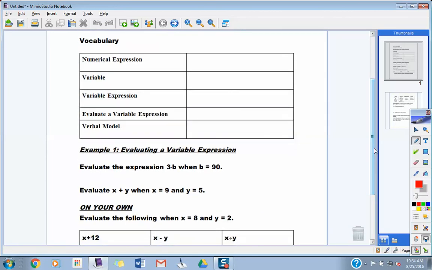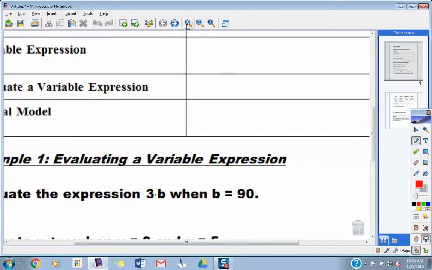Okay. All right, so let's get rolling right here. Numerical expression here, and then we'll come into this variable stuff. This is the part where I want you to make sure you're filling stuff in on the notes that you have provided for you. So a numerical expression is going to be the following. I'm going to zoom up on this a bit so I have room to write.